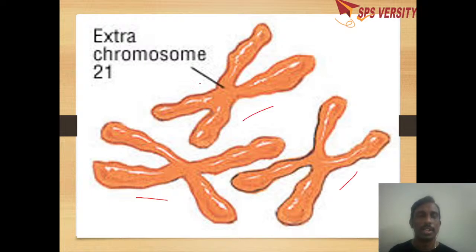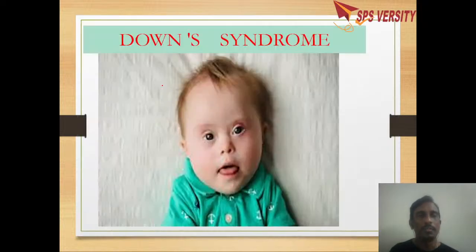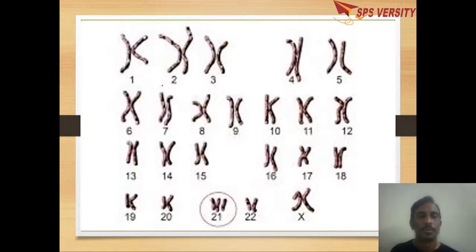That is, one extra chromosome 21 is there. Remaining all are having 2. That means here the total number of chromosomes will be 47.